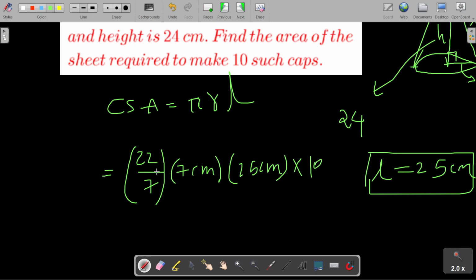Remember, multiplication means adding. If I add 4 two times, I can multiply 4 by 2 to do that. 4 into 2 is 8 and 4 plus 4 is also 8. So to find the area for 10 caps, I can manually add that area 10 times, or I can simply multiply it by 10.